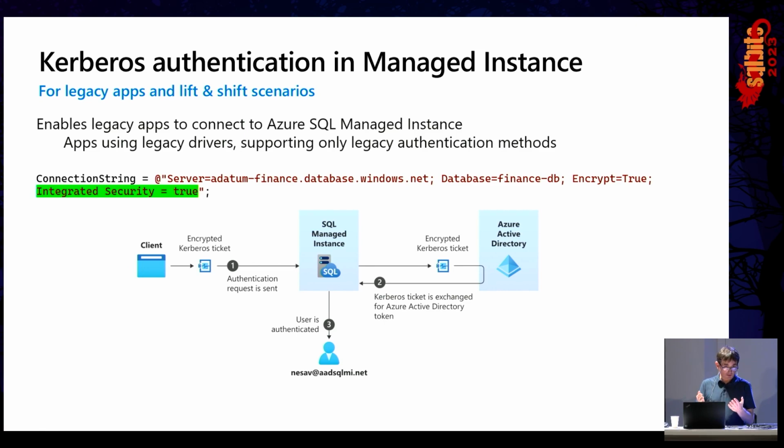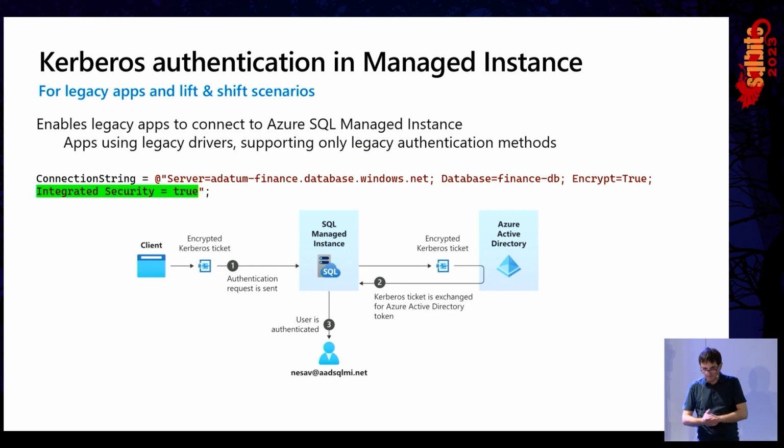And one problem that many customers struggle with is that their apps on premises use old-fashioned Windows authentication called integrated authentication using on-prem Active Directory. So they have apps maybe written 20 years ago or older using old versions of client drivers, and they don't own the source code of these applications.